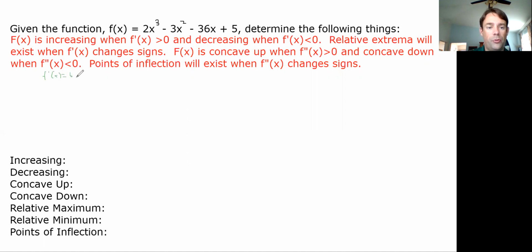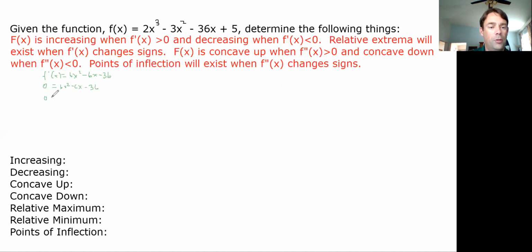So 6x squared minus 6x minus 36. Set it equal to 0. And then we factor it.